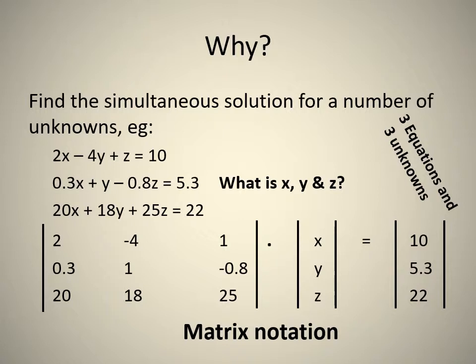So now you still have your three unknowns, only two equations, but let's say we have a third equation with the same unknowns, 20x plus 18y plus 25z equals 22. So basically we have three equations with three unknowns. Those are the three equations, and our three unknowns are x, y, and z.